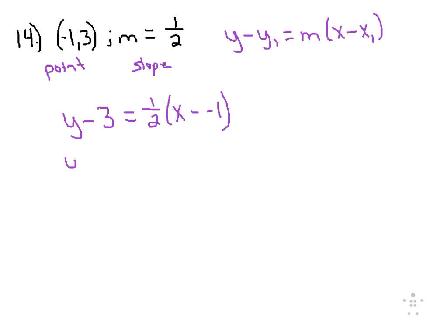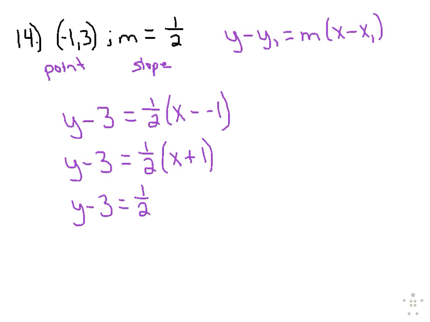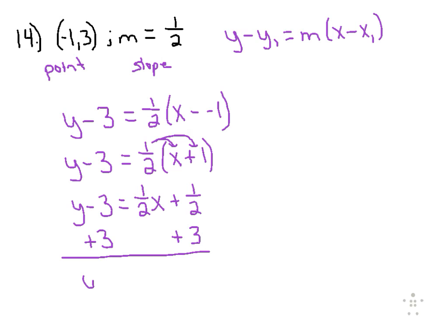So this is really y minus 3 is equal to 1/2 times x plus 1. So this is y minus 3 is equal to 1/2 x, distribute, and 1 times anything is itself, is 1/2. Now, let's add 3. So y is equal to 1/2 x plus 3 and 1/2.